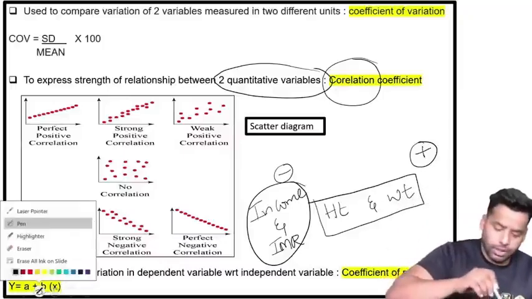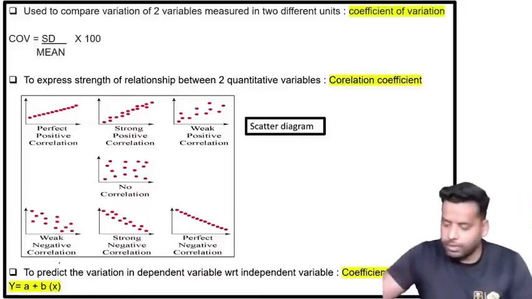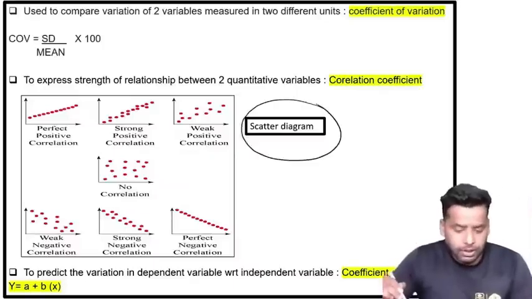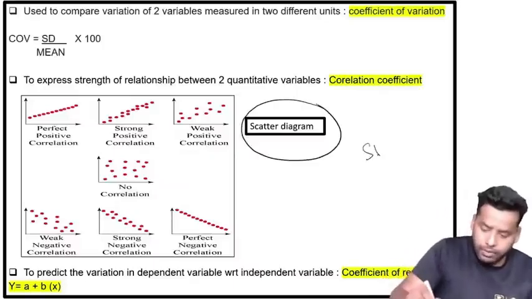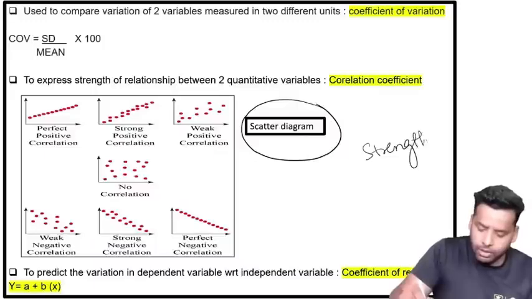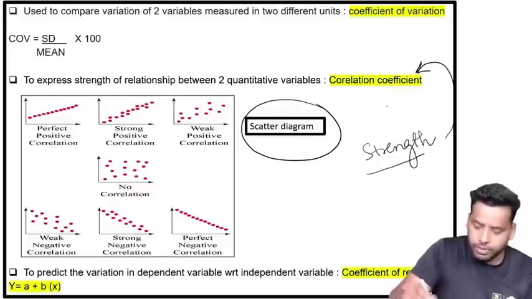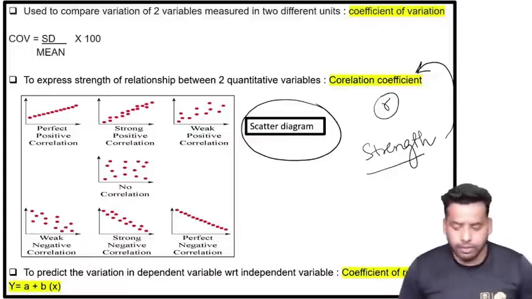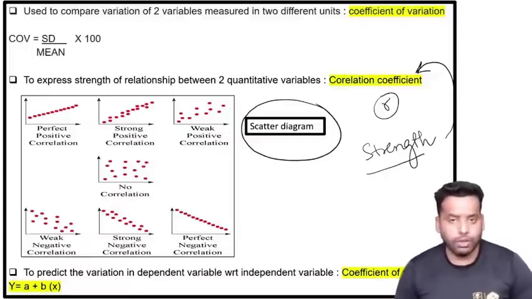So what image we use to represent correlation? It is scatter diagram. The strength of correlation is given by correlation coefficient. Always remember this word, small letter r.